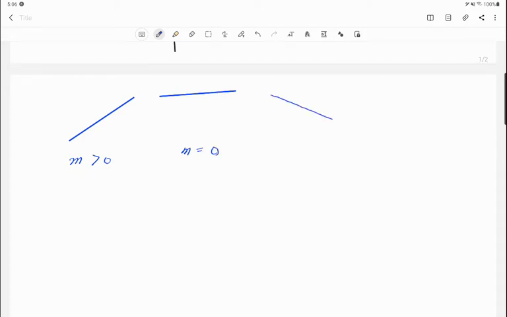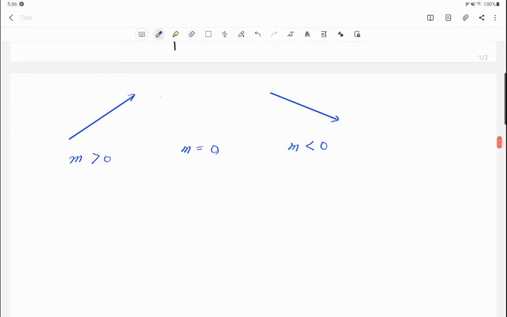If the line goes down, then what's the slope? The slope is negative. Going down, negative. Horizontal is 0. Okay, how about the vertical line? Then the slope is what? Undefined. All right, so let's keep in mind these 4 cases.